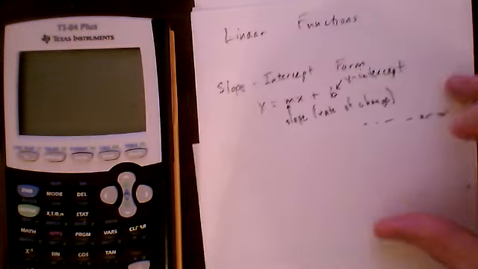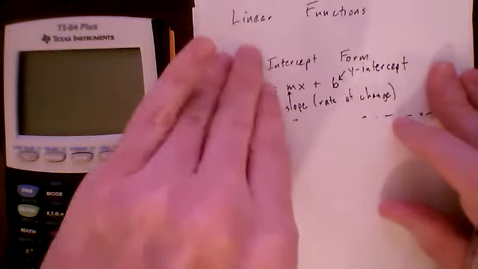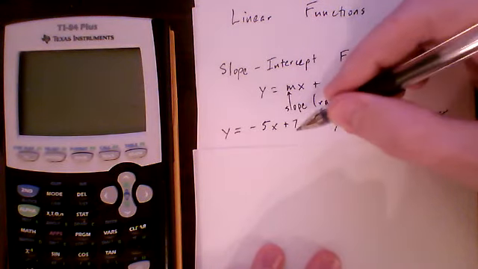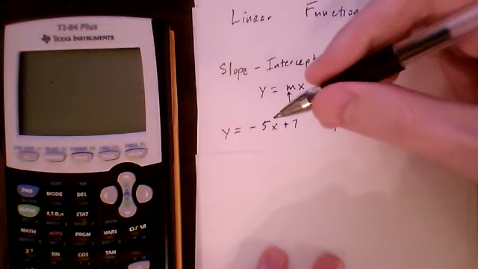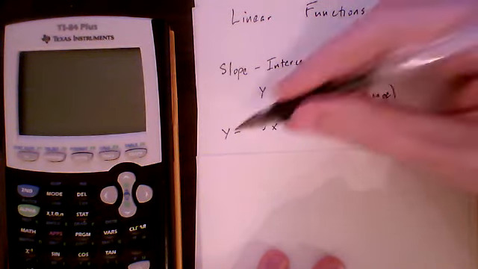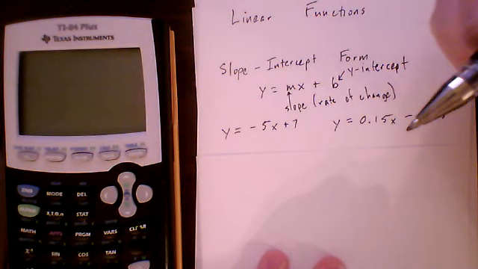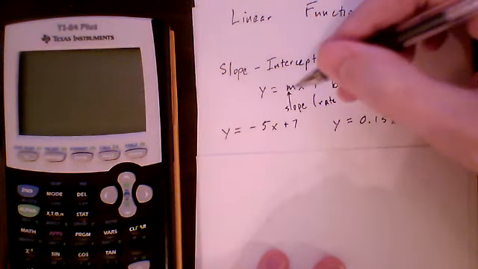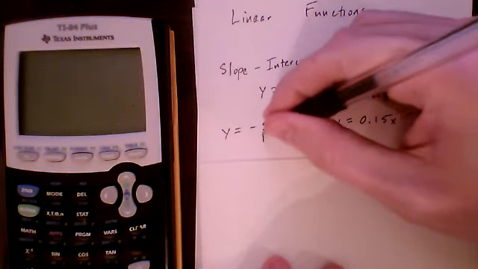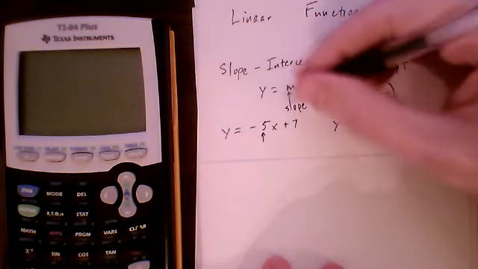Okay, so if we look at a few different examples of what these things look like quickly, we could have something like y equals negative 5x plus 7. And this is definitely a linear equation because my x and y are to the first power here, right? And it's also in slope-intercept form because we've got this same setup with y equals mx plus b, and we know that this is going to be our slope. Sometimes we abbreviate that m.